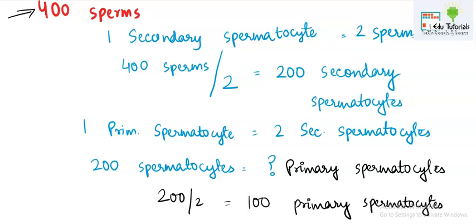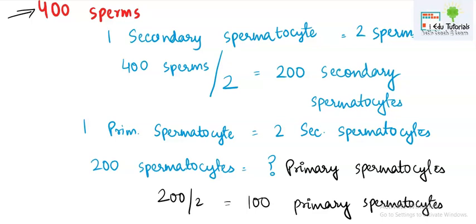Now we know that one primary spermatocyte produces 2 secondary spermatocytes. So if we have 200 secondary spermatocytes with us, how many primary spermatocytes will be required to form these 200 secondary spermatocytes? So we will be dividing this value again by 2 and this will give us the value of 100 primary spermatocytes.